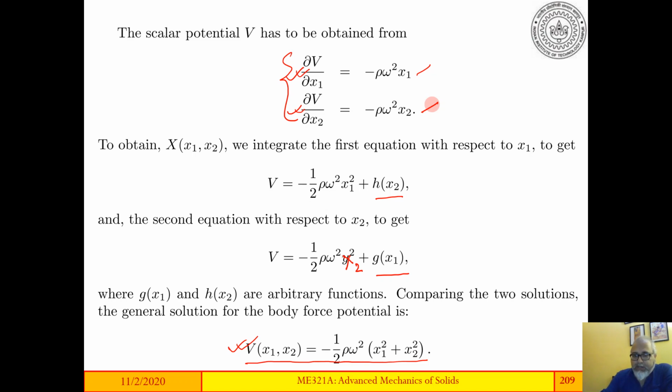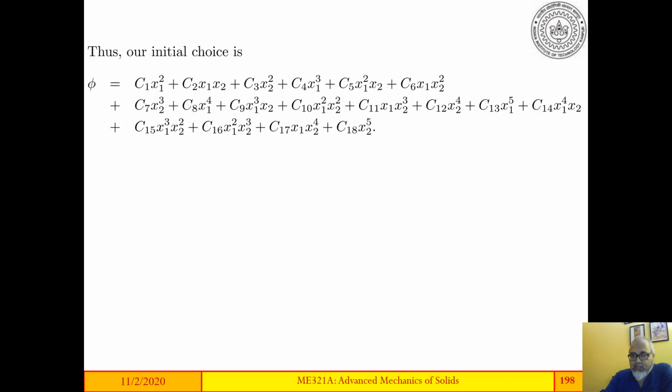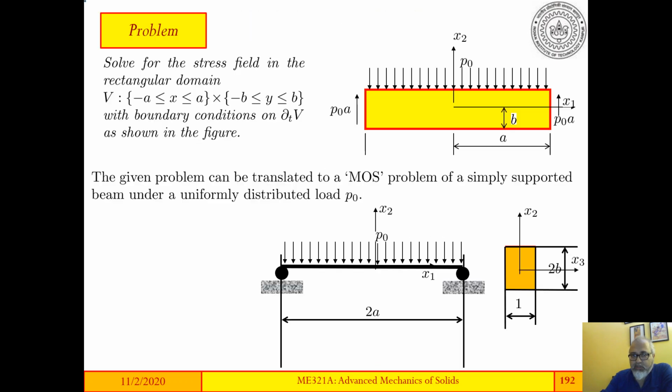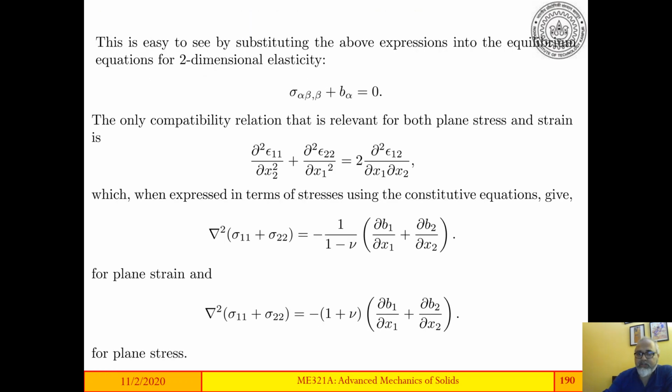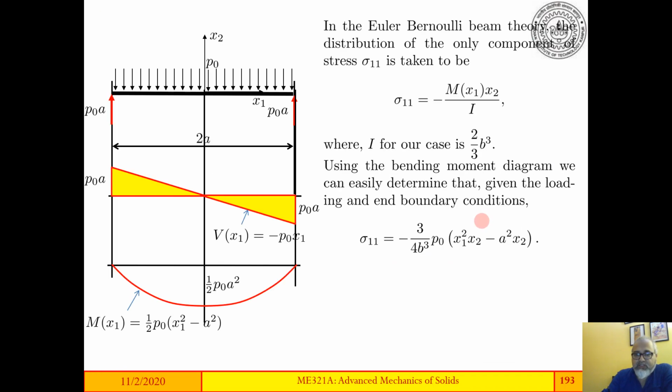So now we can go back to our Airy stress function equations. And if you remember, yeah, it's here. If you remember that for plane stress, this was the Airy stress function equation. So this is del square V, and we will have to calculate del square V for the V that we have found. So that's easy to do.